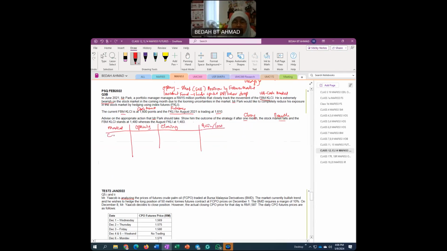Okay, so here is the cash market. Cash market opening is in June. One month later is July. In June, the FBMKLCI is 1,600 points. So you just record it.